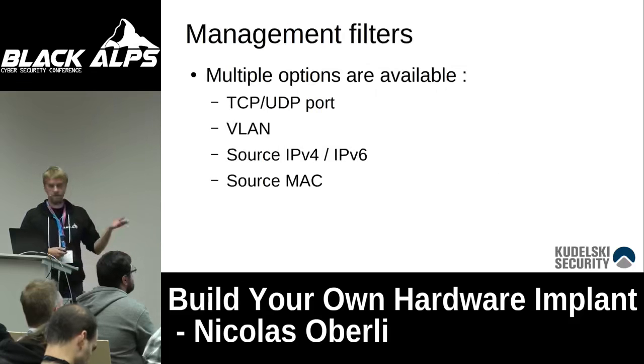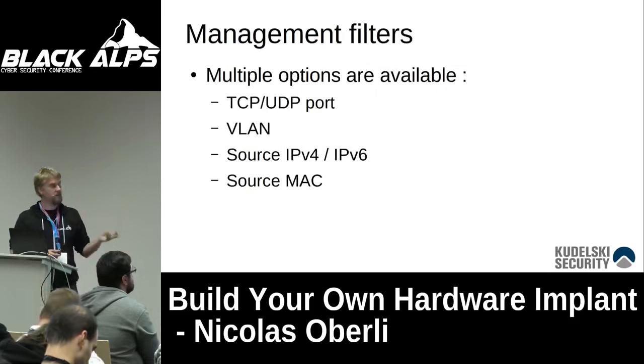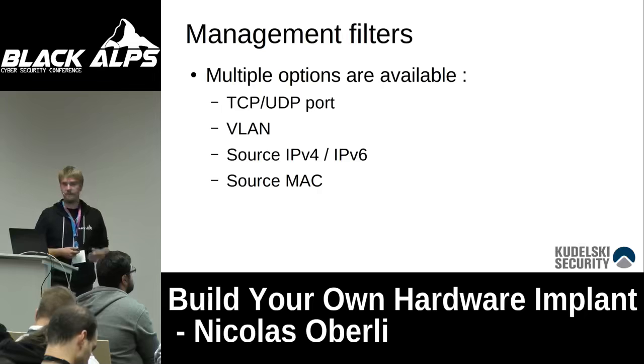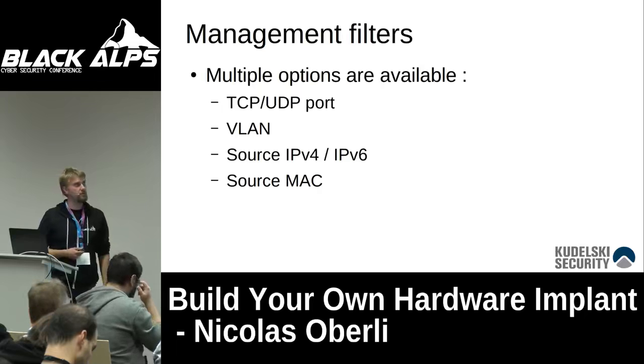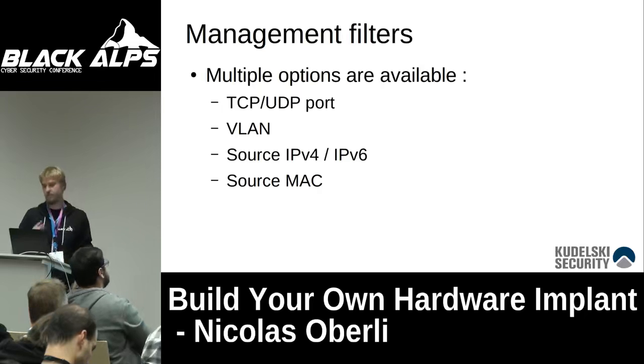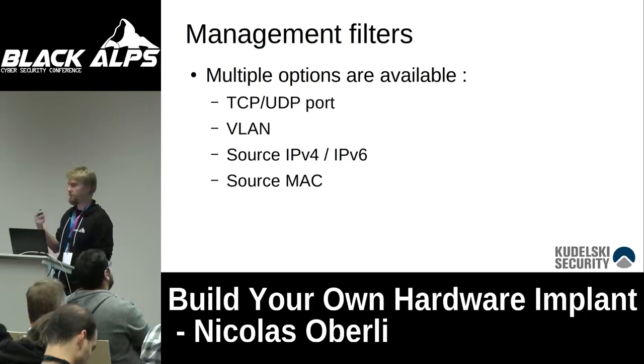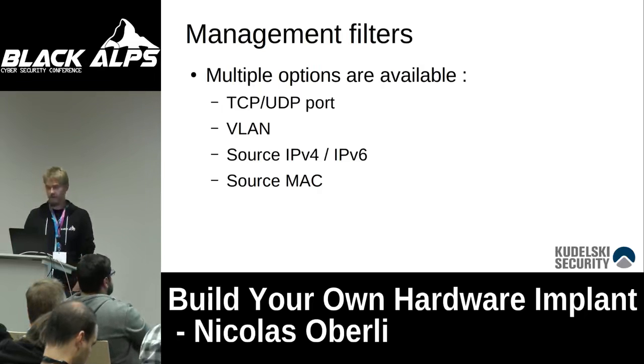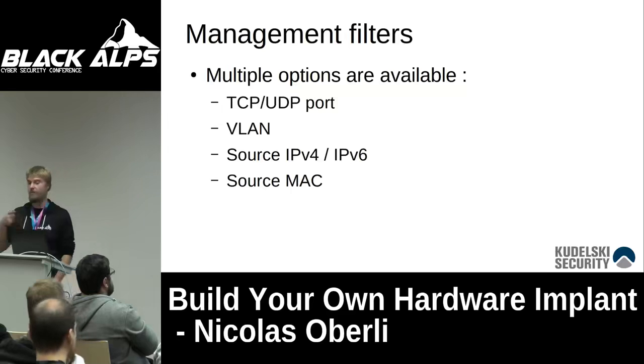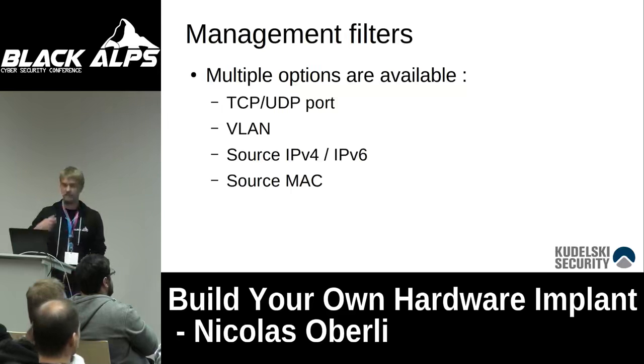Actually, on that specific chipset, there are ways to select traffic from the source or destination TCP or UDP port, from the VLAN that is used on the packet, from the source IPv4 or IPv6, from the source MAC, etc.